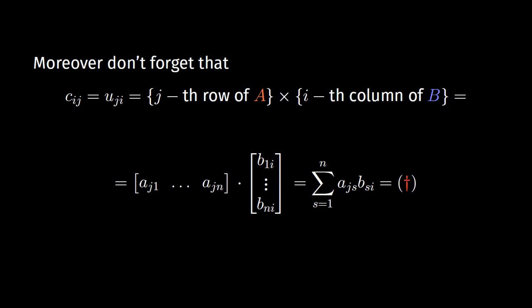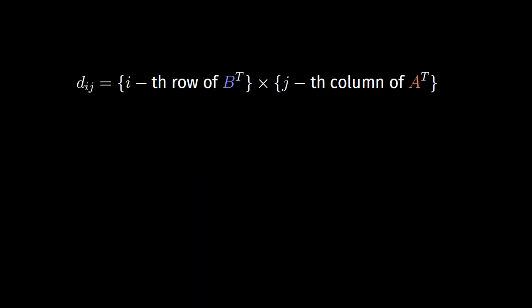Now, D_ij is the row column product of the ith row of B transpose and the jth column of A transpose. But remember that the row of a transpose is the column of the original matrix up to a 90 degrees rotation.